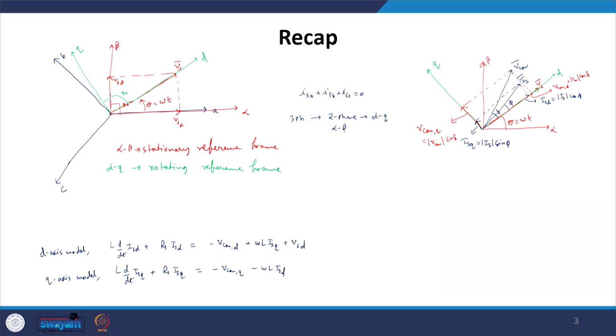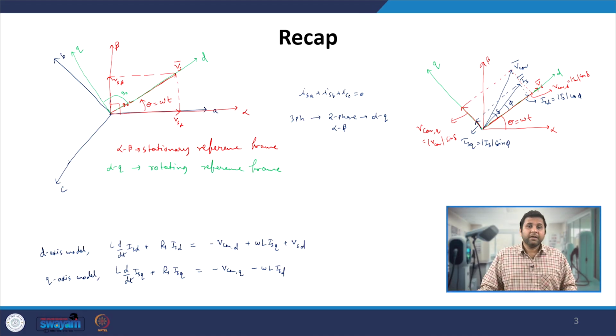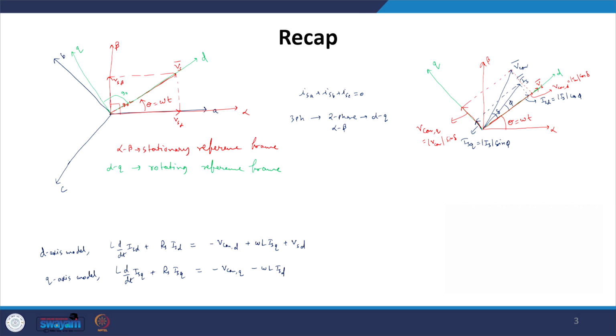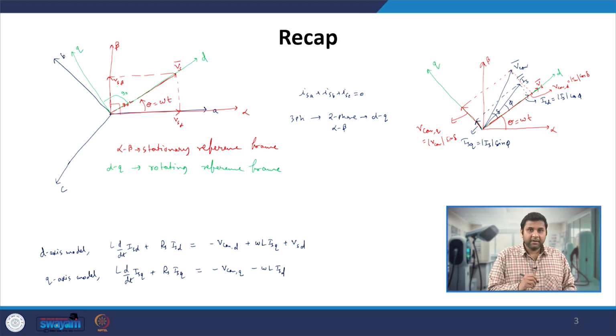So the quantities expressed in terms of the D and Q axes are independent of each other. That means the D component of the space vector is mutually independent of the Q component, and the D axis is perfectly aligned along the supply voltage space vector by ensuring that the VSQ component equals 0.